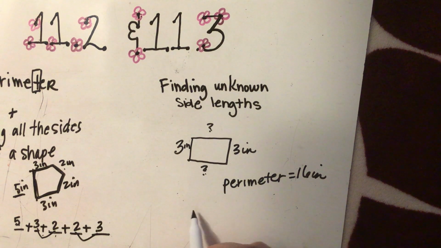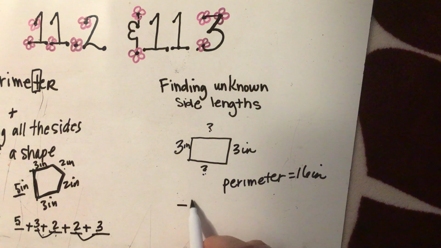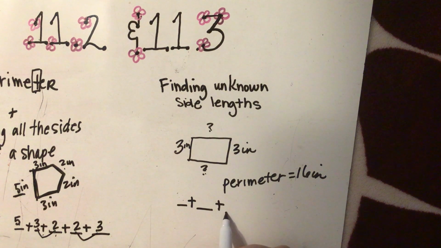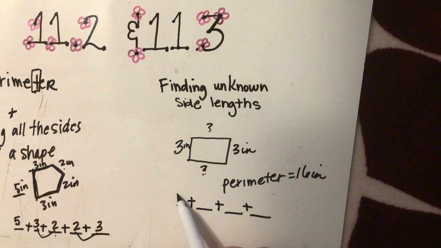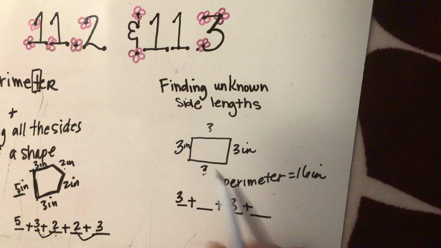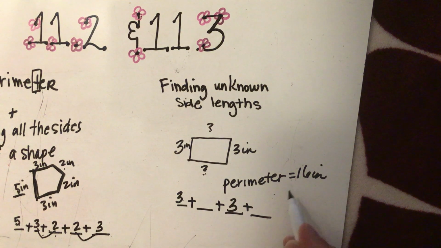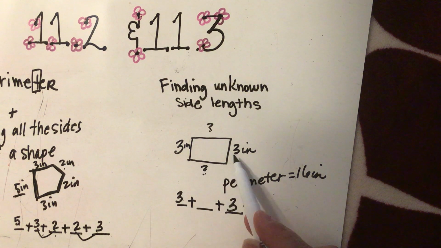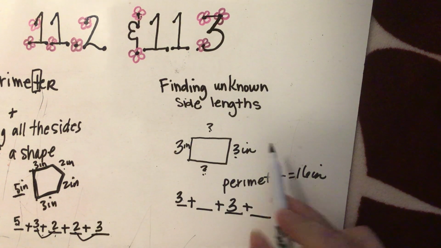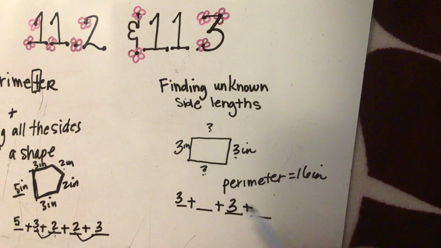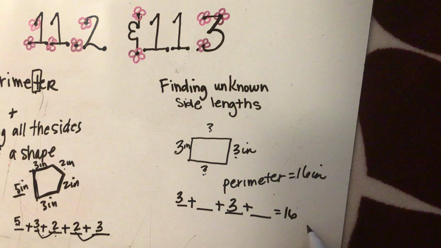So we find what we know. We have 4 sides that we're adding up, 1, 2, 3, 4. We have a 3 and a 3 because we know these sides. So if we take what we know, 3 plus 3 is 6, we take it from the total perimeter. We know the whole thing, if we add all of it up, is going to equal 16, right?